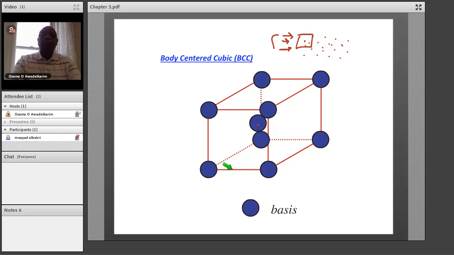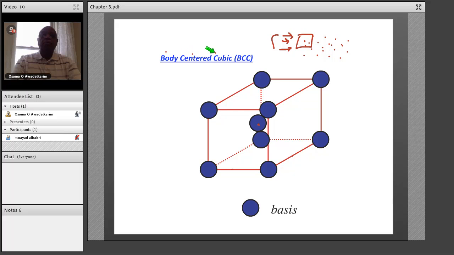Each side here is the same length, but then we have an atom in the middle of the cube where the 2 diagonals meet. And this is the smallest unit cell that you can use repeatedly and translate it to produce the whole structure. So this is the smallest unit cell that you can study in this structure.